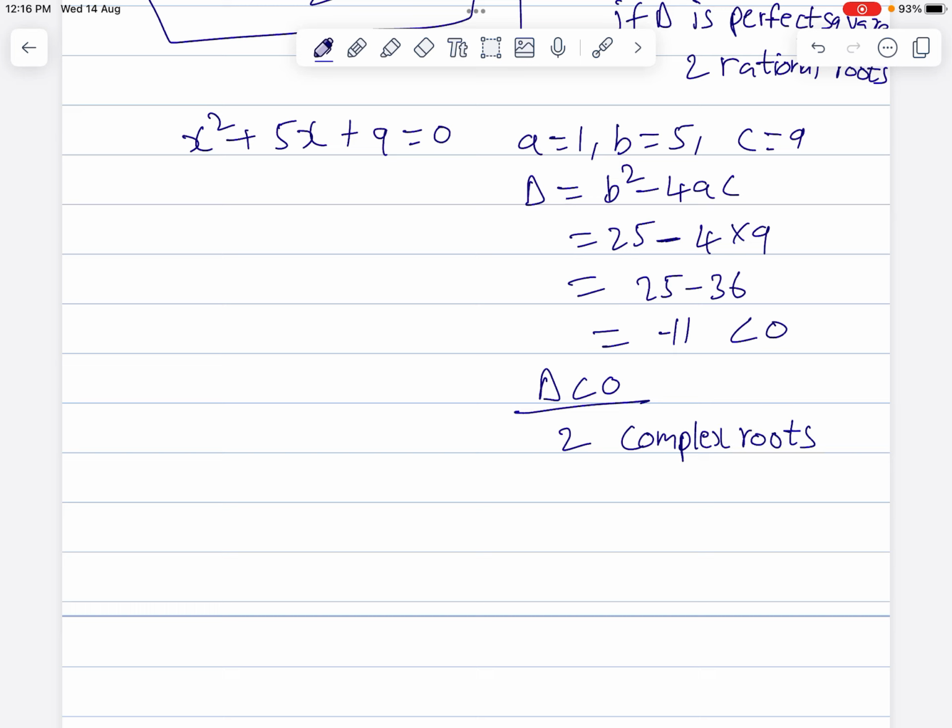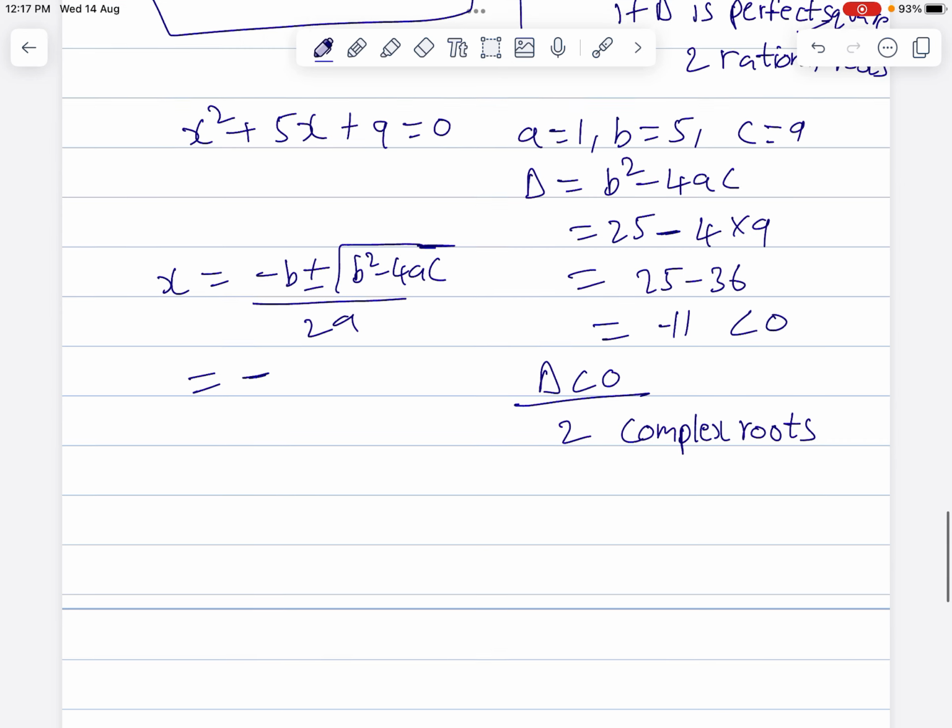We have two complex roots, and to find the roots, the formula is minus b plus or minus square root of delta by 2a, which is minus b. Always it is good practice to write this b square minus 4ac only. No need to involve delta and get confused.